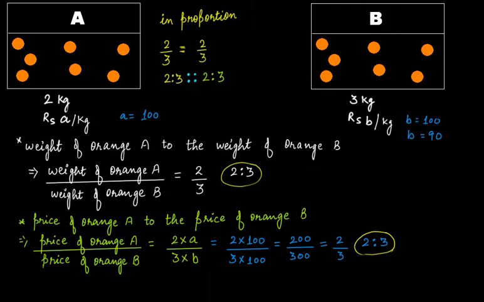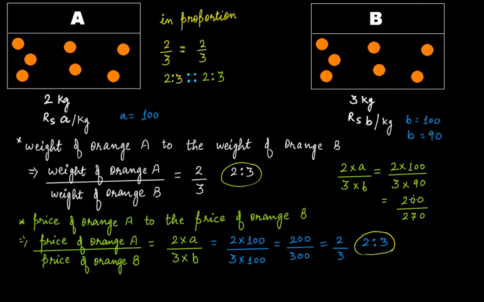We have 2 times A and 3 times B, and this will become 2 times 100 and 3 times 90, and you'll get 200 and 270.